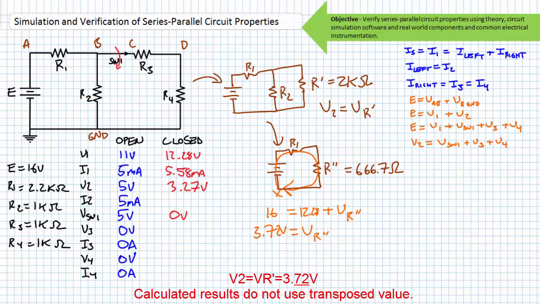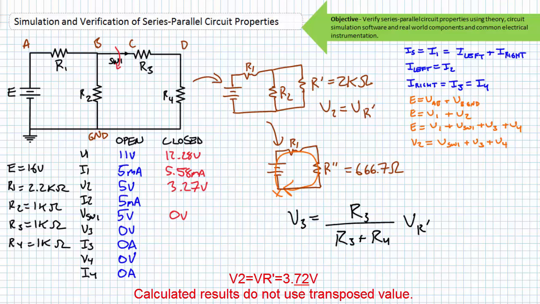Given R prime is the series combination of R3 and R4, and our understanding that VR prime equals V3 plus V4, we can use the VDR to solve for the voltage drop across R3 or R4. The VDR setup to solve for V3 is as follows. Notice the applied voltage for the series path of R3 and R4 is VR prime, not the source voltage.